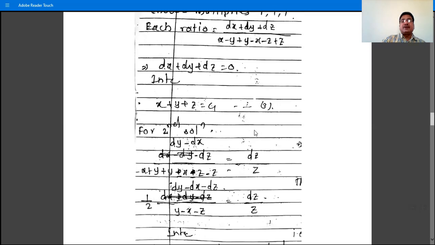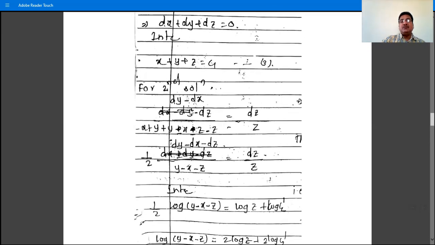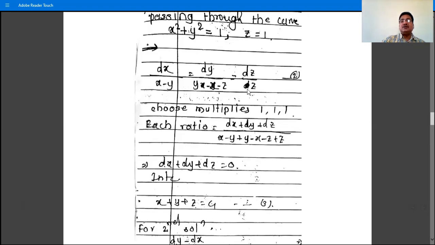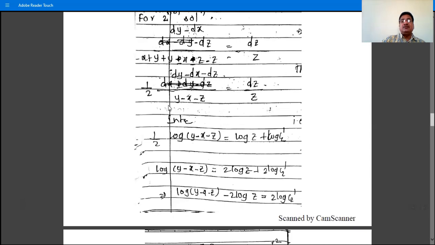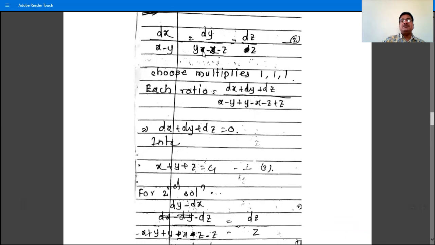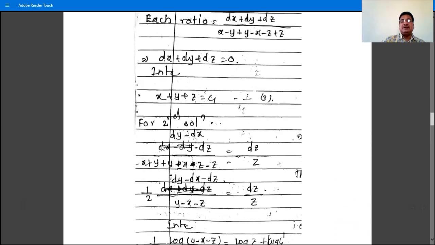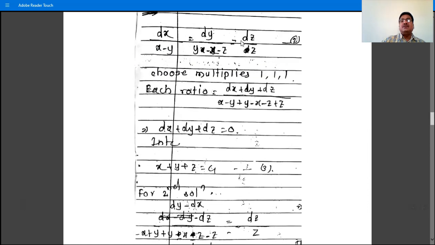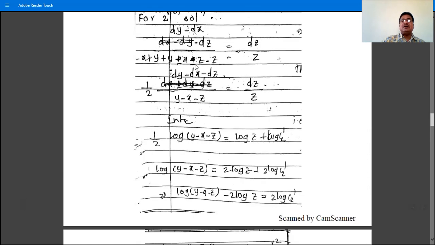That is, consider the multipliers -1, 1 and 0, and in the place of each ratio, consider the third ratio, dz by z. So we have dy minus dx minus dz over x plus y, x minus y, y minus x minus z.